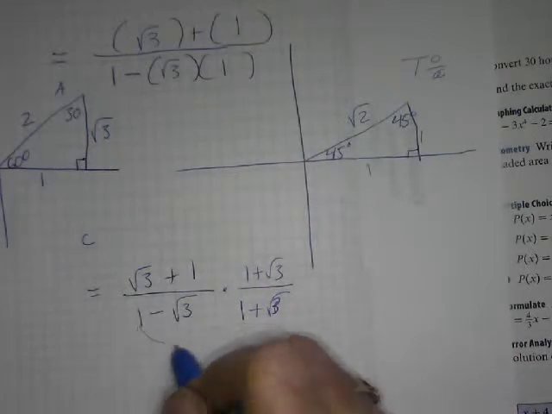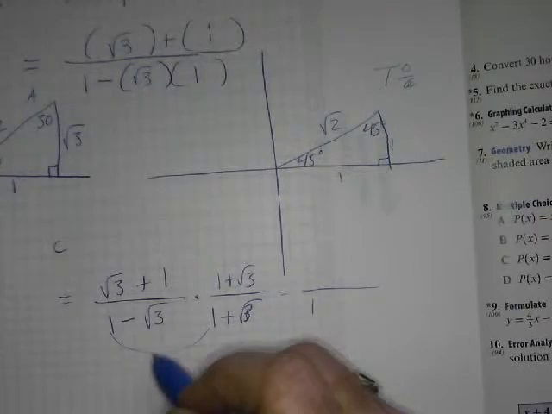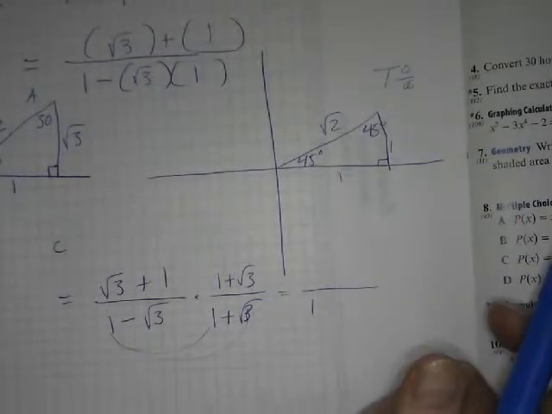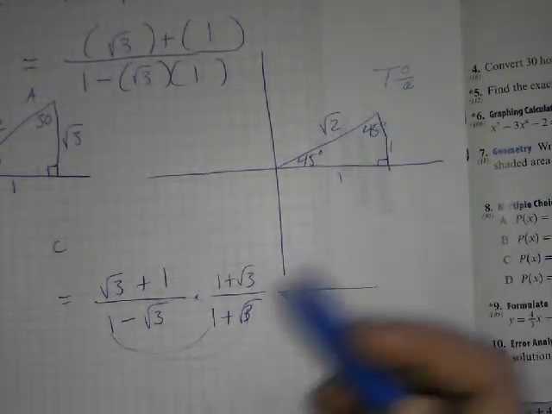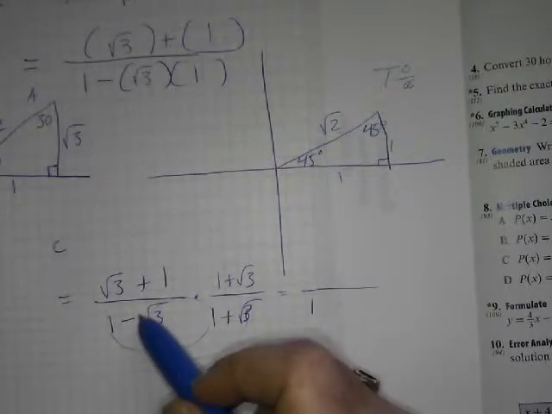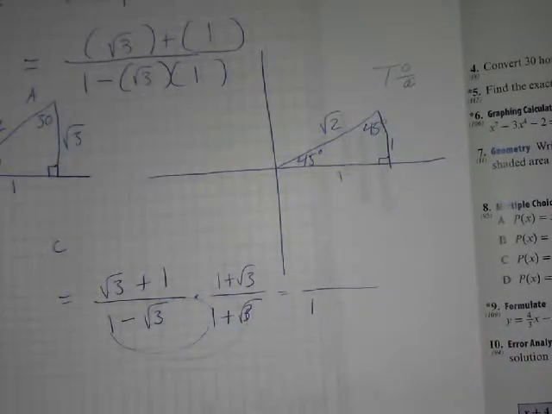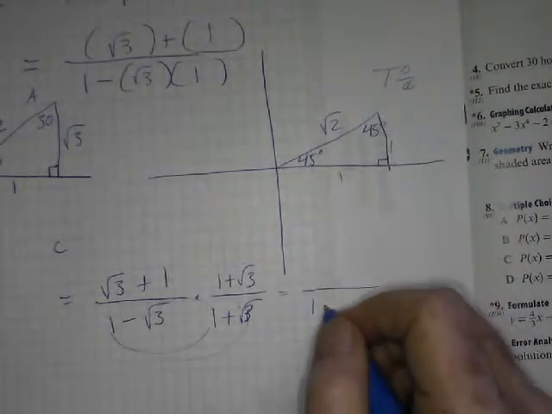So if I FOIL these out, 1 times 1 is 1, and 1 times √3 is √3, but then when I go this way, I'm going to get a negative √3, and it's going to cancel out. And then the negative √3 times √3 is going to be negative √9, which is negative 3.